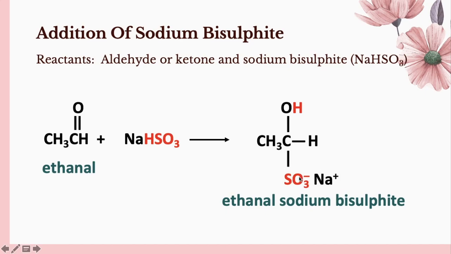Make sure SO3 is attached to the carbon that has C=O, and then to the O part, you add H. This H adds to the oxygen of C=O. So this is ethanal sodium bisulphite.